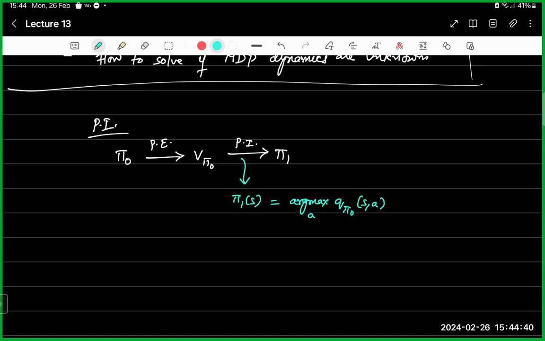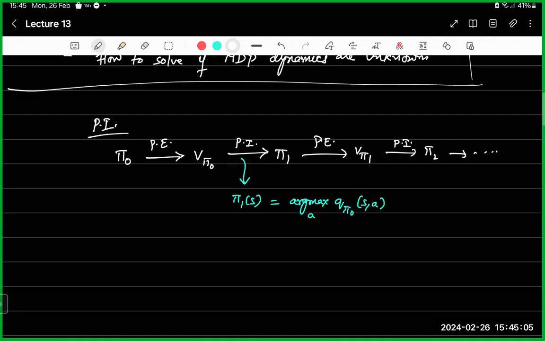So we get a new policy, then again evaluate that new policy, then again improve that policy. So if you do this till pi t plus 1 equals pi t, then we would have reached an optimal policy.